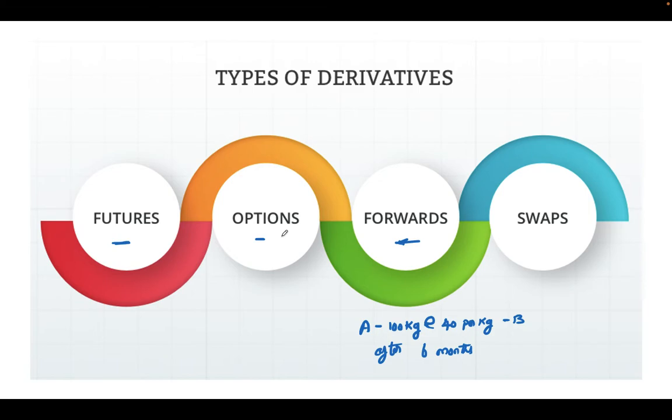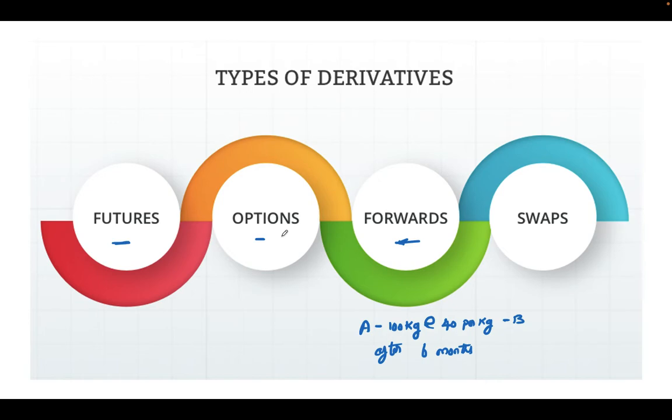Hence, the buyer of the option pays to the seller or writer an amount upfront called the option premium, which I will explain while covering unit 3. The seller, otherwise called the writer of the option, has the obligation but no rights to comply with the right of the buyer or the option holder.